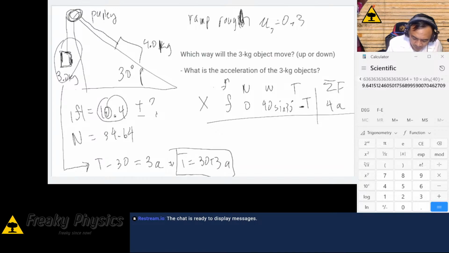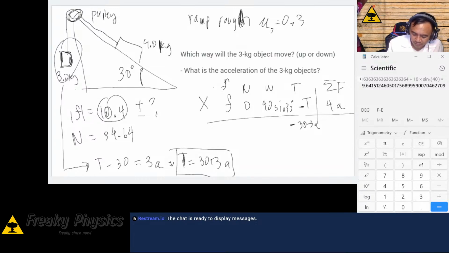And we're going to put that T in there. Now, if we put that T in there, this is now negative 30 minus 3a.